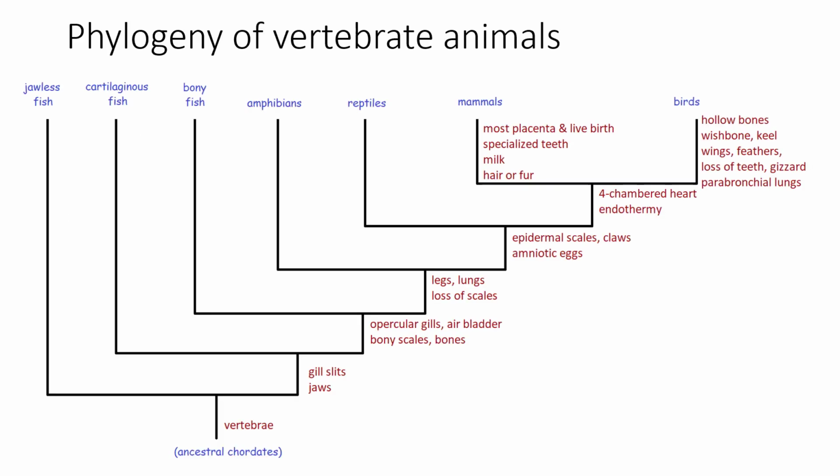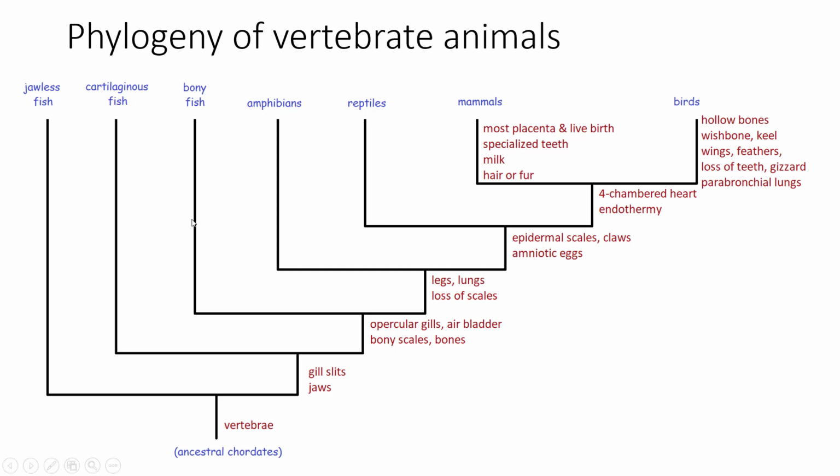Here's a phylogeny of the vertebrate animals. Again, starting at the bottom with ancestral chordates, vertebrae being our defining feature. So the first group is the jawless fish. Next, jaws evolved and gill slits, and we have cartilaginous fish, which are things like sharks and rays and skates. Then bony fish, which is by far the largest of the classes of vertebrate animals, the most species of bony fish.